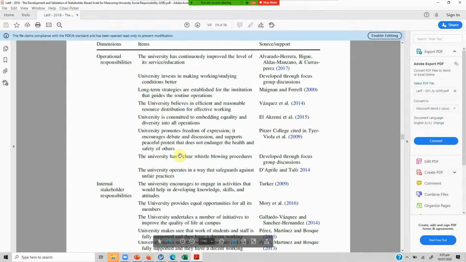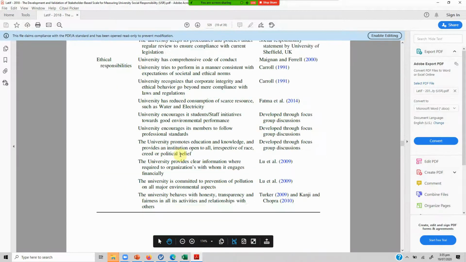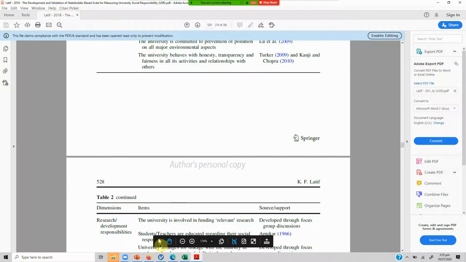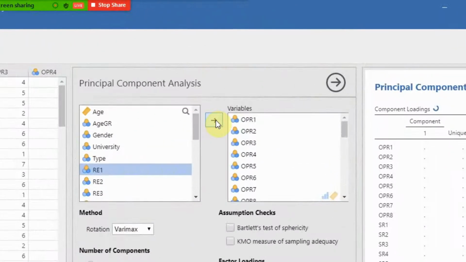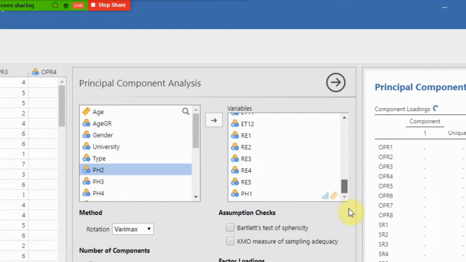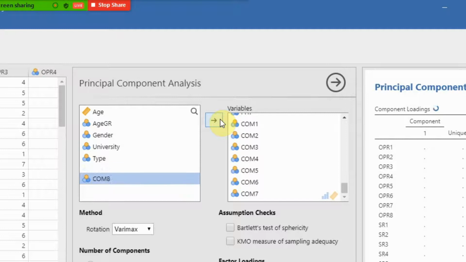And RE actually stood for research and development responsibility. So research and development responsibility had how many items? 5 items. Then philanthropic responsibility had 7 items, and community has got 8 items.